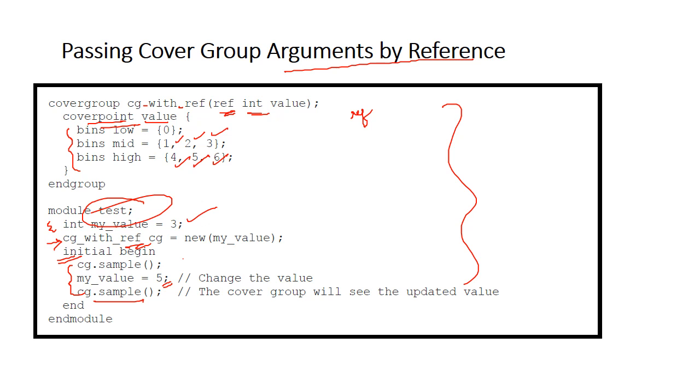Also the cover group is going to track any changes to the variable and update its coverage bins accordingly. Particularly, this approach is going to ensure that the cover group always reflects the current value of the variable during the simulation time.